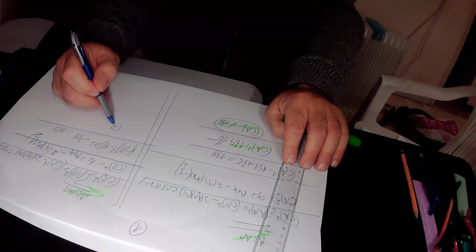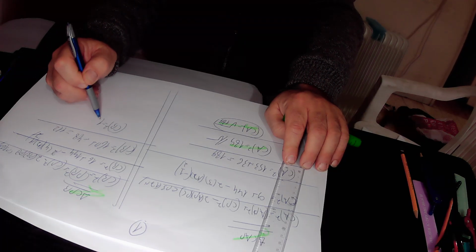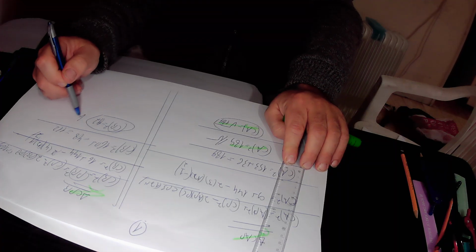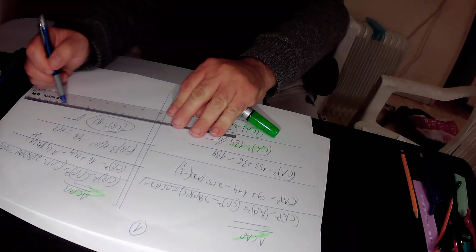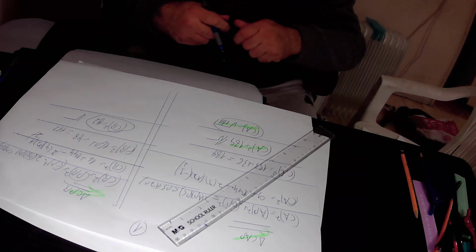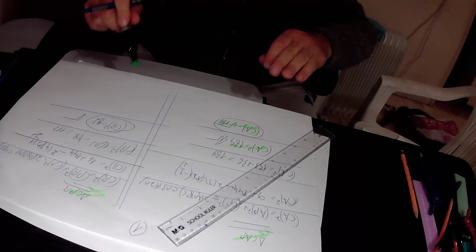Repeat again, CB squared equals 112. Here we take the root of this equation, and finally we get that CB equals the square root of 112 units in length.